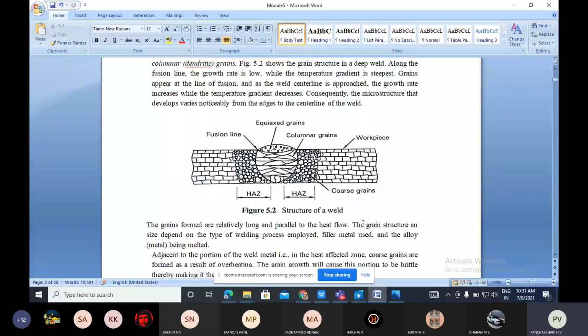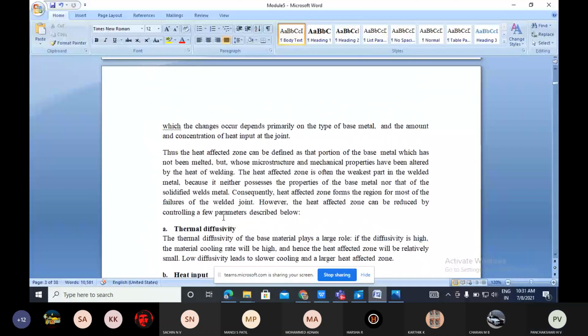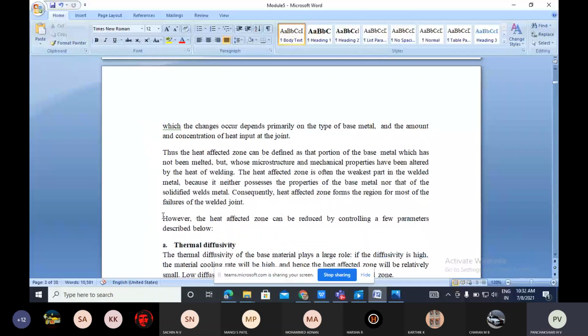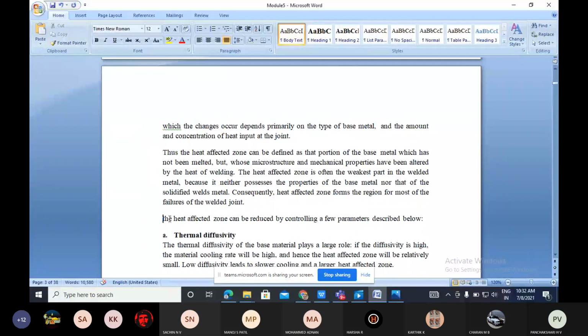How to control the heat affected zone? The heat affected zone's effect can be reduced by controlling a few parameters.